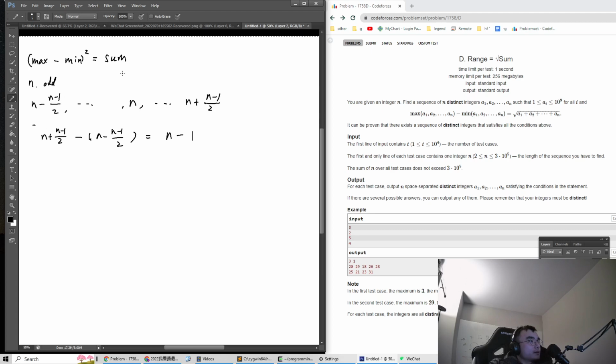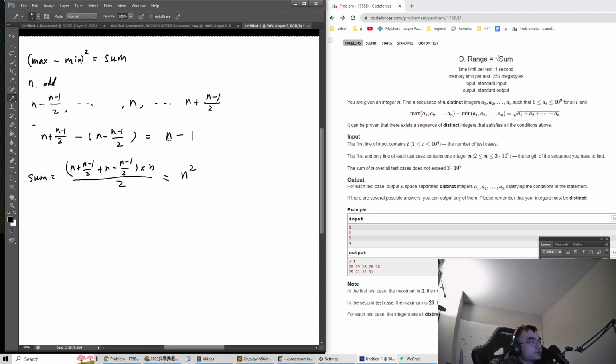And the sum equals to n plus, right? So cool. How can we make the left side equal to the right side?